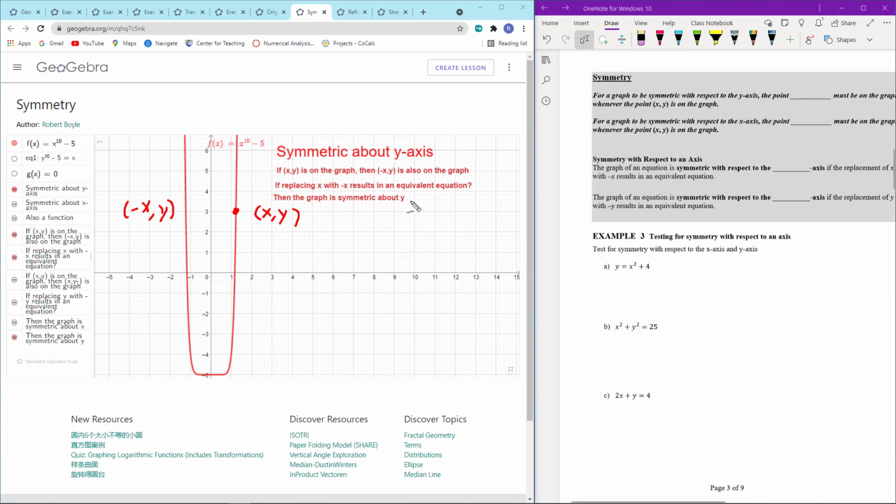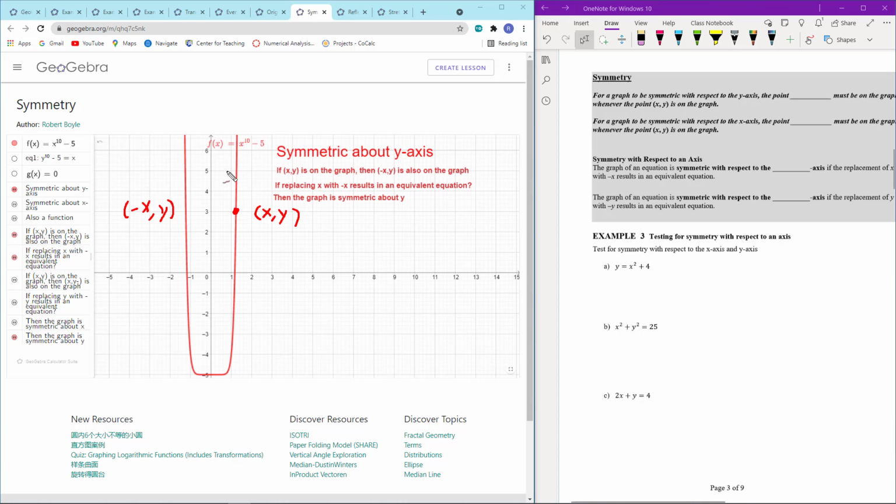And what does that imply? Well, it implies this. If you replace x with negative x in your equation, and you come up with the exact same equation, or one that has the exact same solution set, then we can say that the graph of that relation is symmetric. That comes in handy if you do not happen to have a picture of the graph.